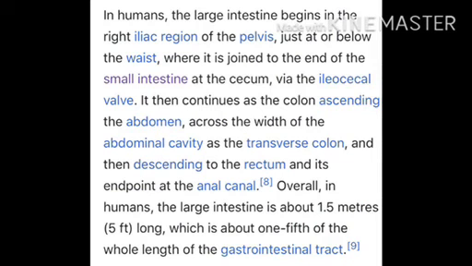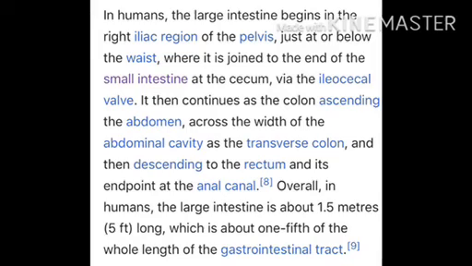In humans, the large intestine begins in the right iliac region of the pelvis, just at or below the waist, where it is joined to the end of the small intestine at the caecum via the ileocecal valve.